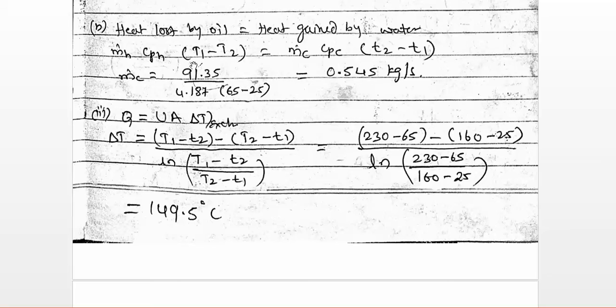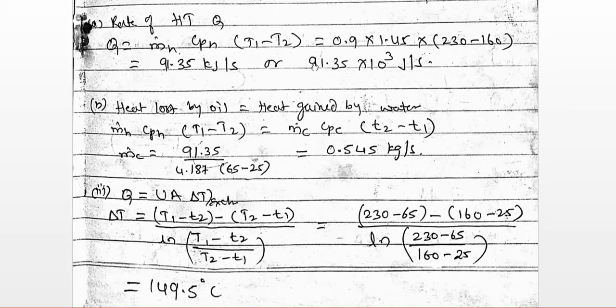Make sure the unit of Q and the unit of specific heat are consistent. Otherwise you can convert, taking Q as 91.35 into 10 raised to 3 joules per second and converting the value of C as 4.187 into 10 raised to 3. So accordingly you can manage the units.